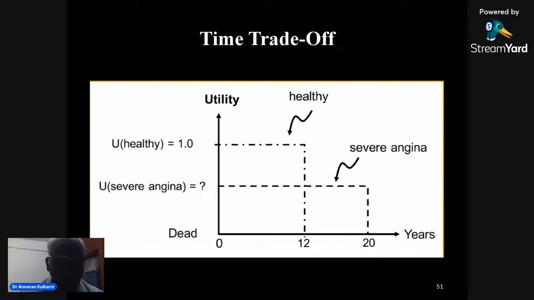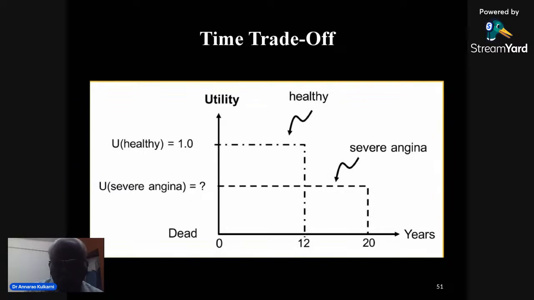For example, imagine a person has 20 remaining life years and has severe angina. See here in this picture, this is 20 years, the remaining life years. He has to live with severe angina for those 20 years.